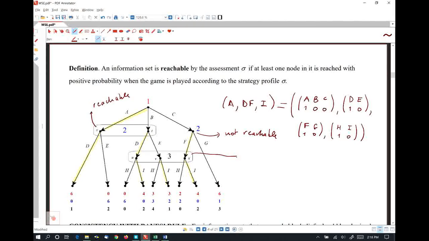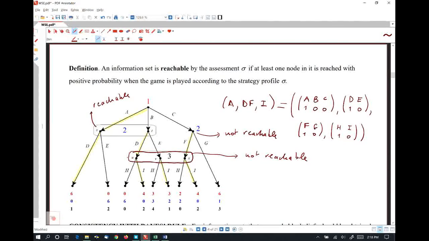And this node is not reachable. So this information set is not reachable. So not the node, but the information set is not reachable.